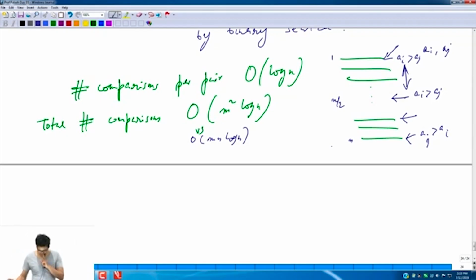Sorry, I'm messing up a little bit. So this is log m. Yes, m square log m. Correct. Here I have written m, actually this is log m.